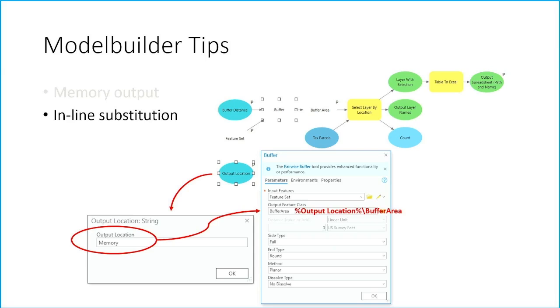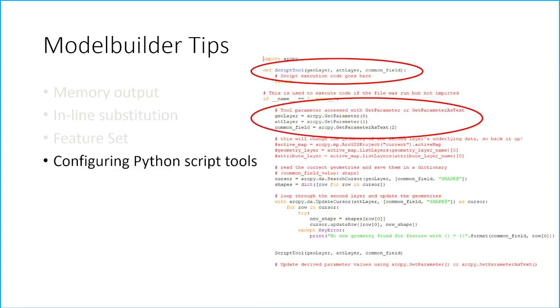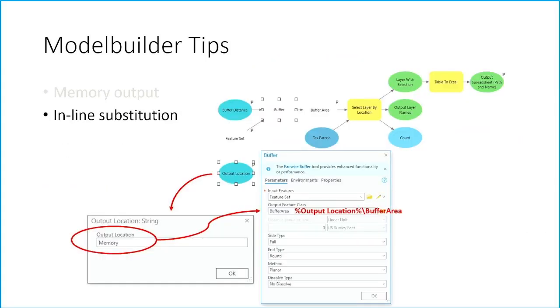When I'm setting up the buffer tool for the output location, I'm just saying the output location, whatever the user puts in there, is going to feed into here, because I'm saying take whatever's in output location and use that as the destination for the buffer area. So you just put the percent signs on each side of that to call it into this tool here. That can be really useful.